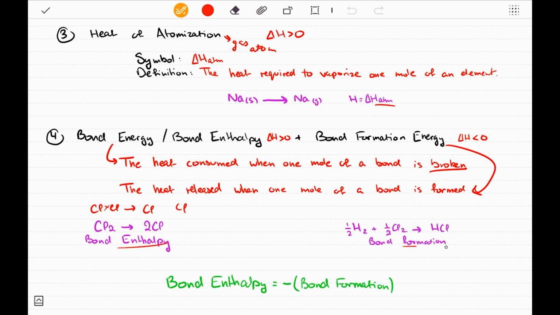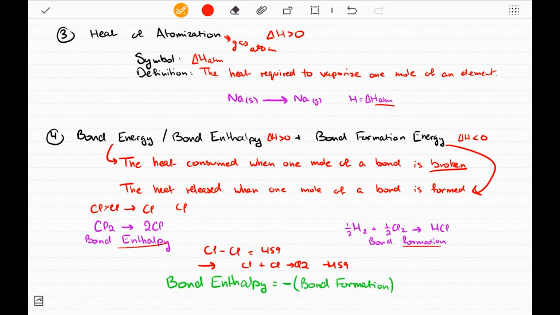All you need to keep in mind is that if they give you the energy for breaking a bond, then the energy for forming the exact same bond will be the opposite. So if they tell you the energy of breaking the Cl-Cl bond is 459, then the energy for forming the Cl-Cl bond is going to be negative 459. This just makes it easier when you're solving questions. There's not much else to talk about for this.